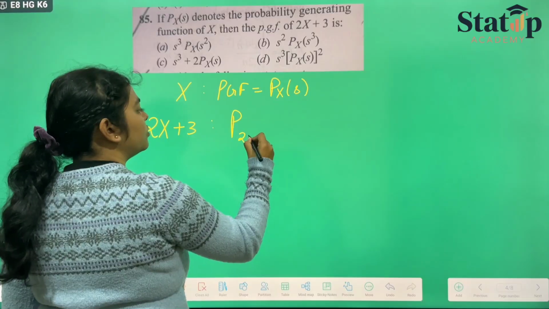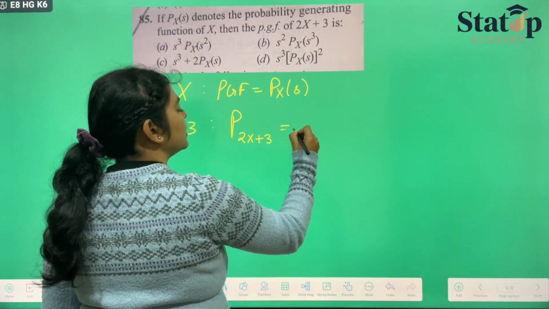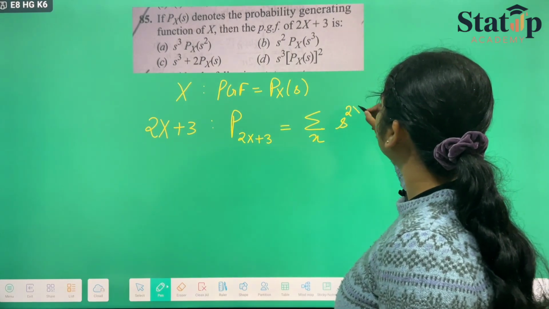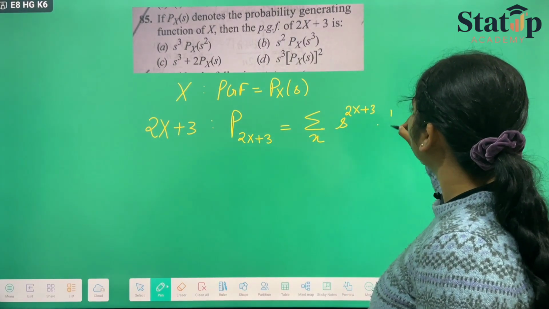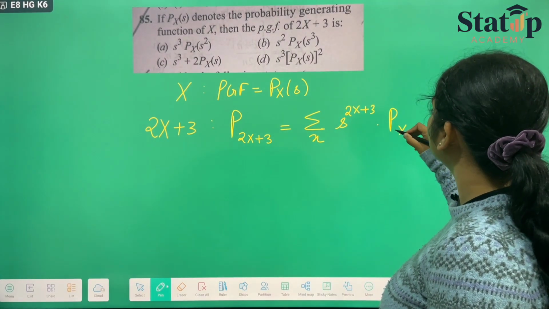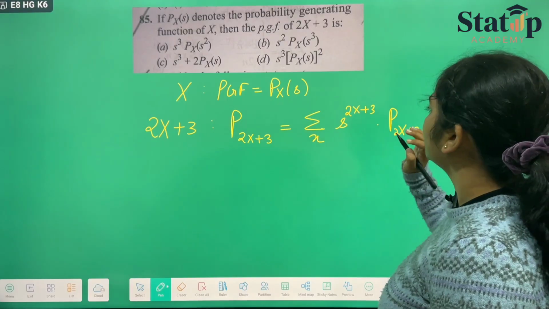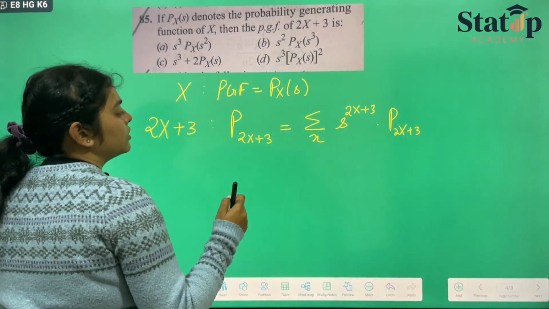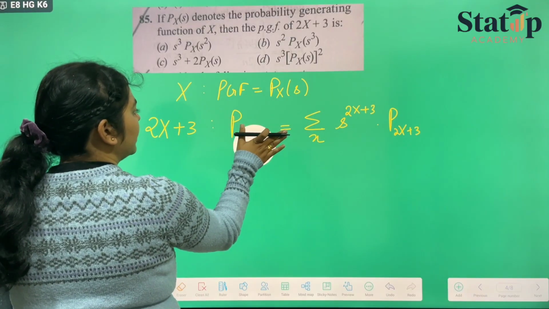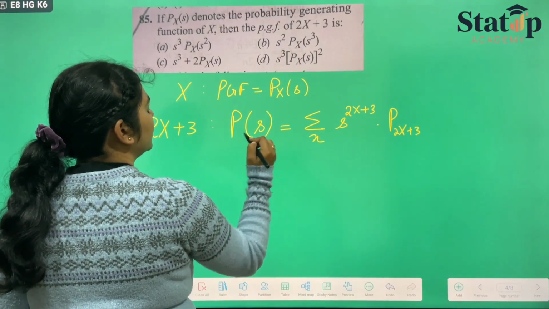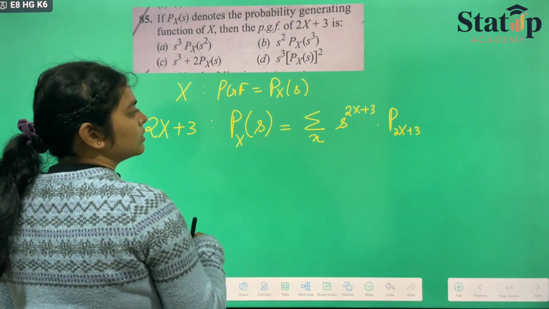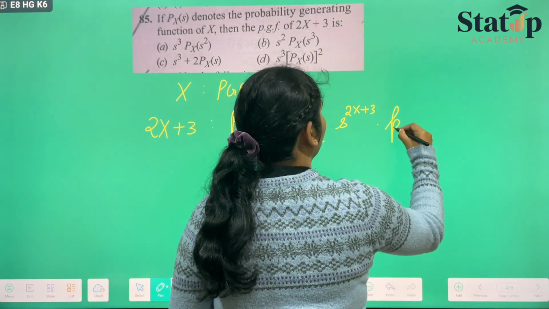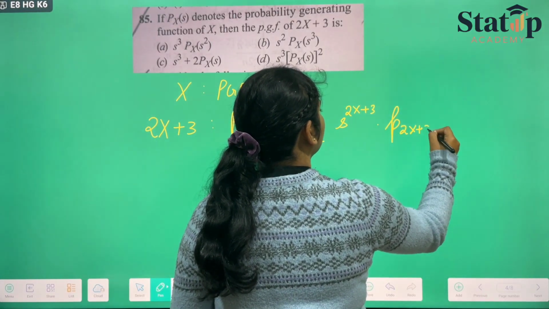PGF of 2x plus 3 is equal to the summation over x of s raised to the power 2x plus 3 into p(x). Now we can solve it, or we can say that this is nothing but P(s) only.